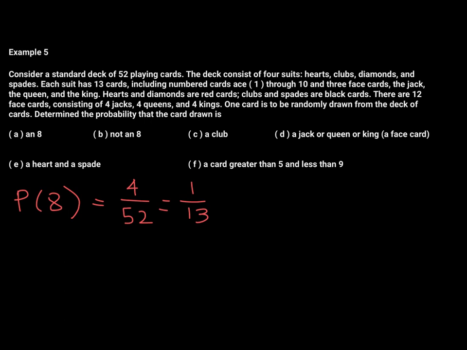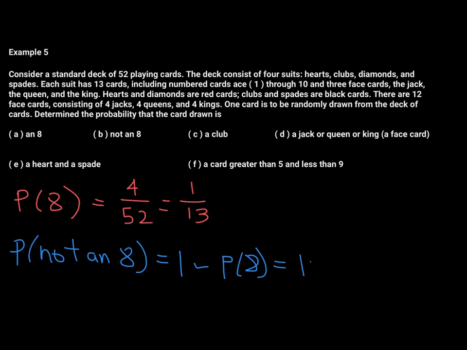All right, let's go to the next one. What is the probability of not an 8? Well, we already know the probability of us choosing an 8, so it'll be 1 minus the probability of choosing an 8. That is to say, 1 minus 1/13, which is 12/13.